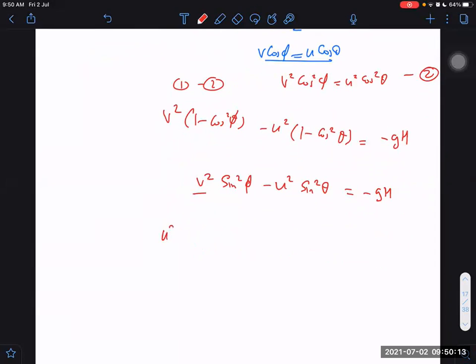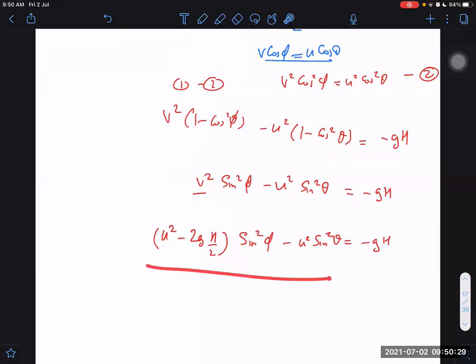V square is u square minus 2g into h by 2, into sin square phi, minus u square sin square theta is equal to minus gh. In this equation, only one unknown is there, that is sin phi, which we can get.